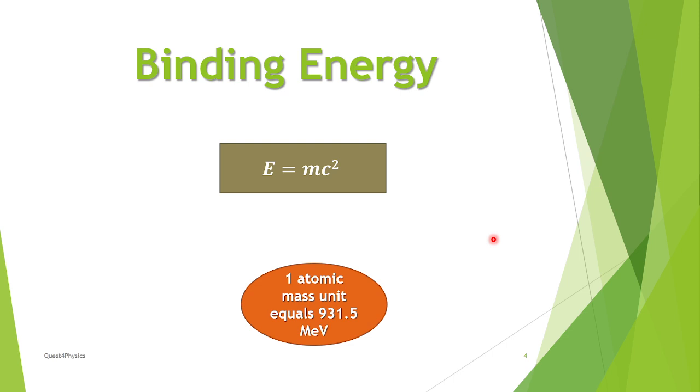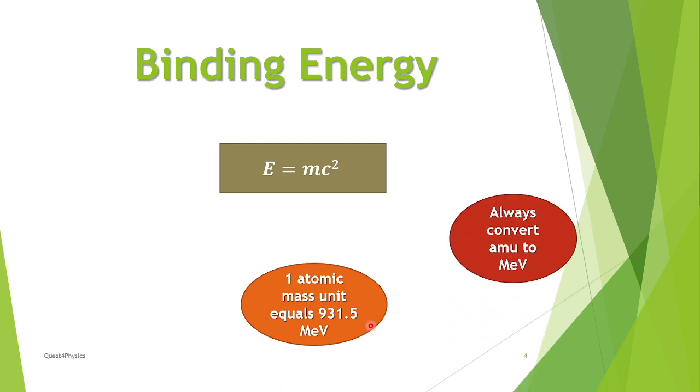In nuclear physics, binding energy is usually expressed in megaelectronvolts, not joules. And always remember, this is the most important tip: always convert atomic mass units to MeV. And 1 atomic mass unit is equal to 931.5 megaelectronvolts.